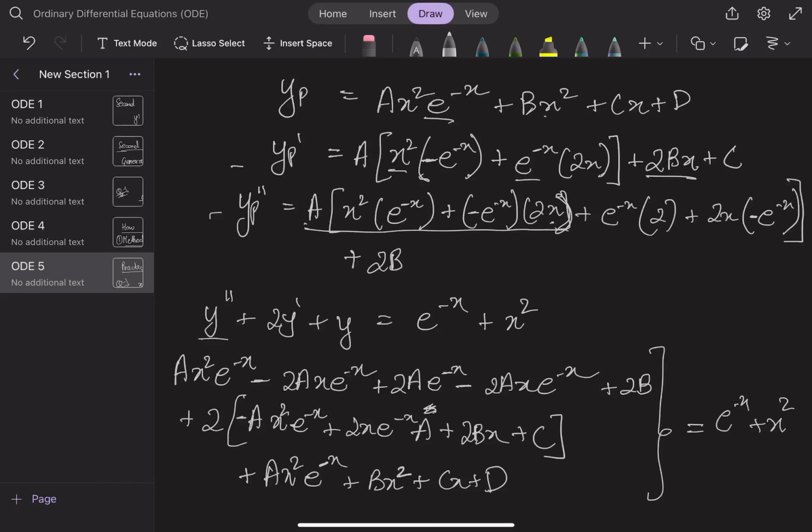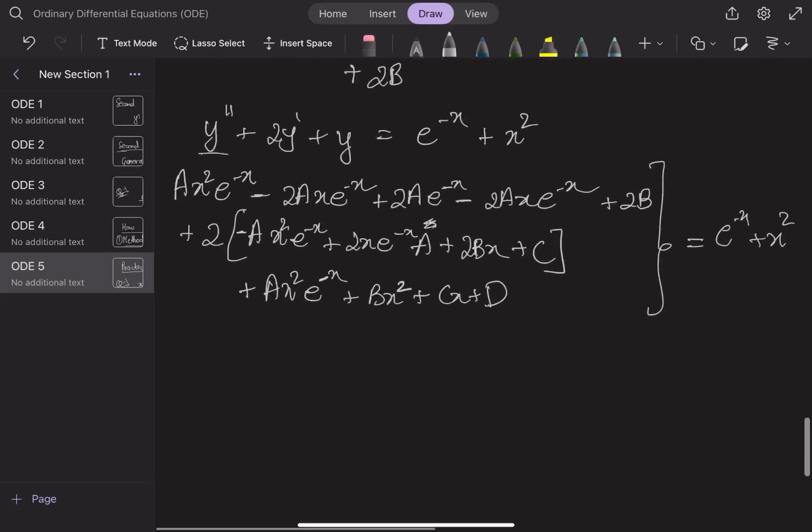Now let's simplify this. So now we have some types of terms. We have x square e raised to minus x. We have x into e raised to minus x. So let's just take them as common. Let's start with x square e raised to minus x. You get a, then you get minus 2a, and then again plus a.